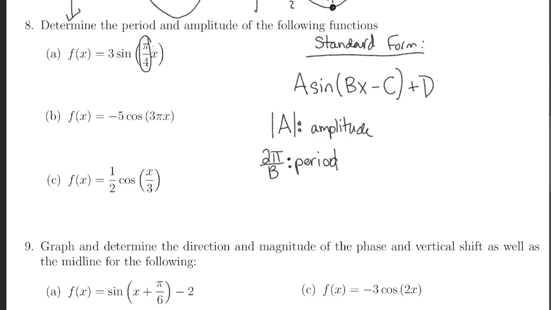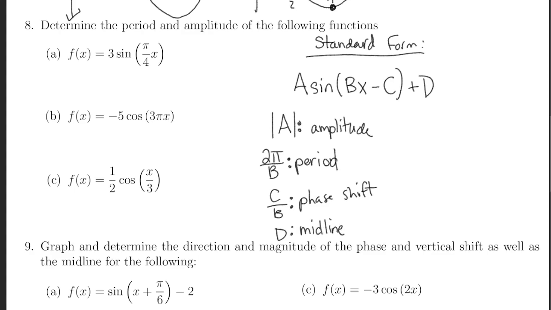Pi over 4 is not the period of this function. We'll do 2 pi divided by pi over 4, and that will give us the period of this. Again, I'll tell you what that means in just a moment once I've finished writing all of these. C over b is called the phase shift, and d is called the midline.